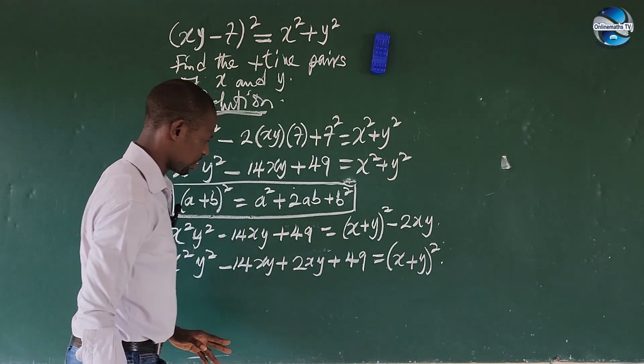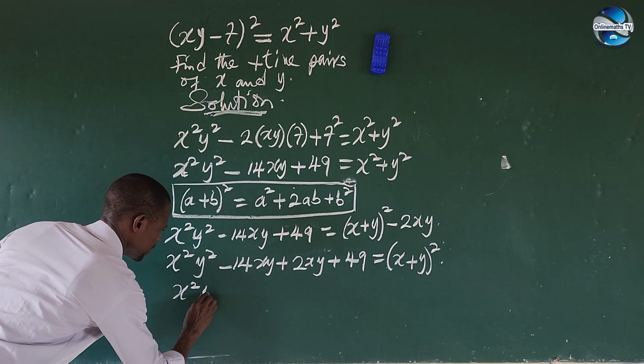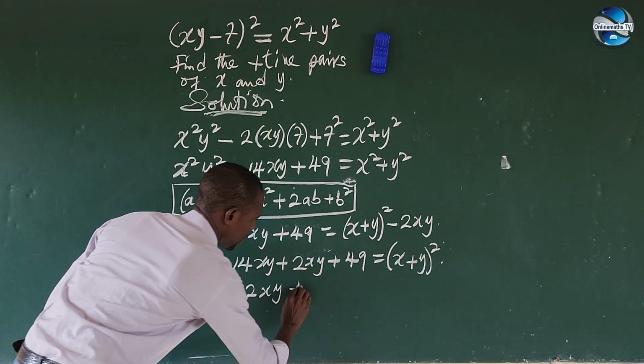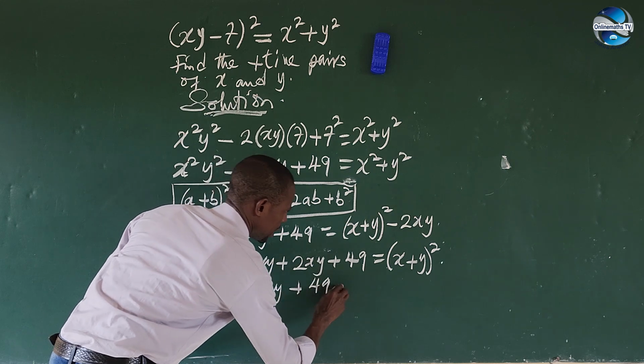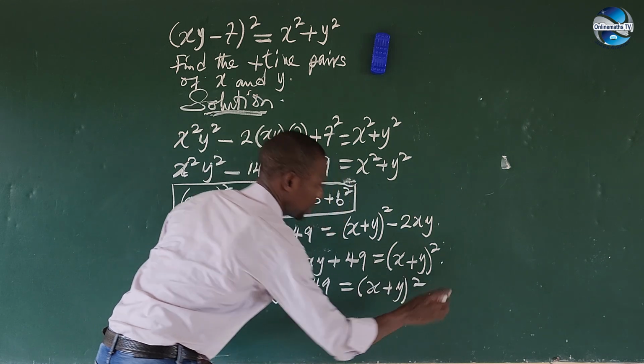This automatically gives us −12xy. So we have x²y² − 12xy + 49 = (x + y)².